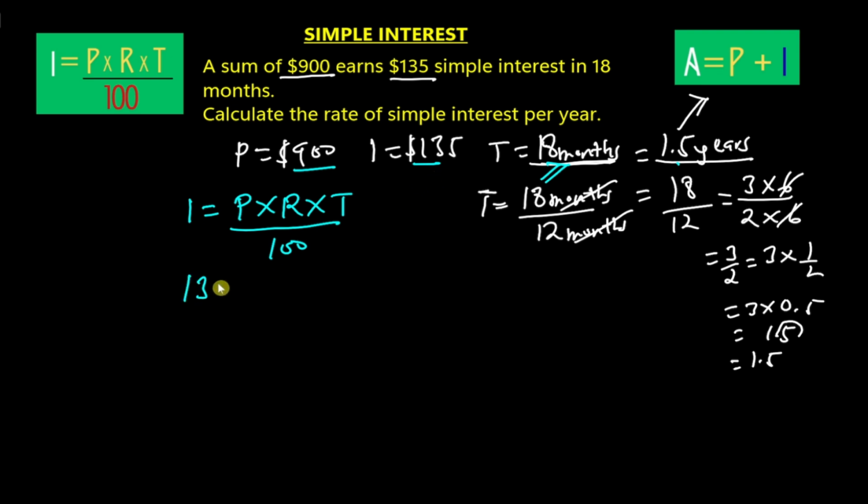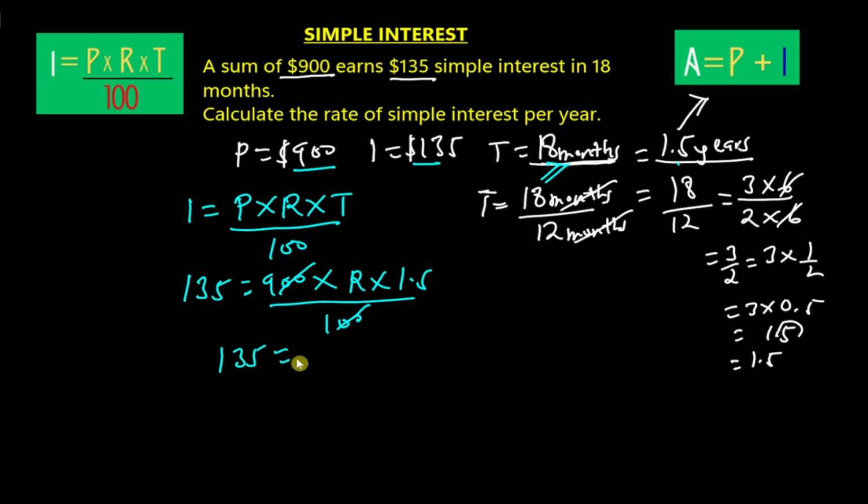So 135 equals P, which is 900, times R. You don't know the R, you're looking for the R. So R times T, and the T is 1.5, all over 100. Now this 0 cancels the 0.